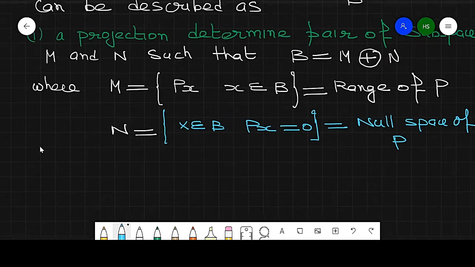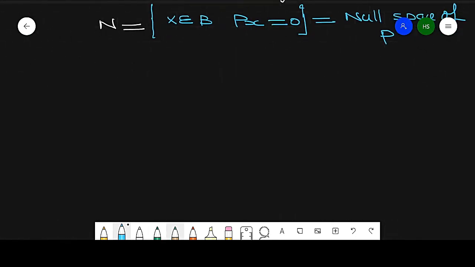Also, in addition to that, B is a direct sum of M and N. Direct sum means every vector in B can be uniquely expressed as a sum of vectors.